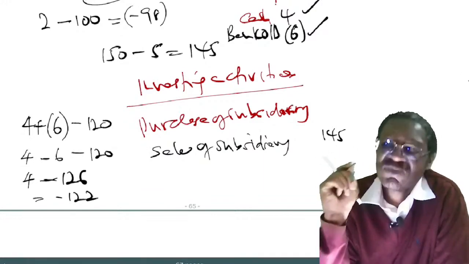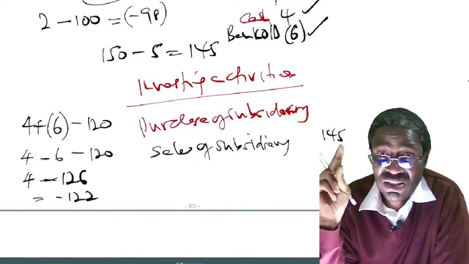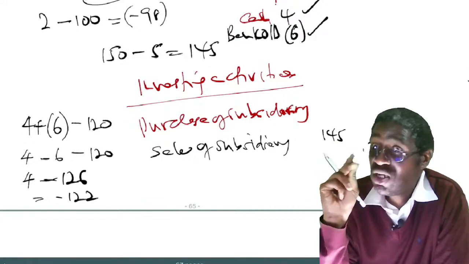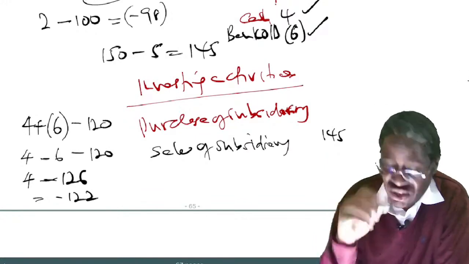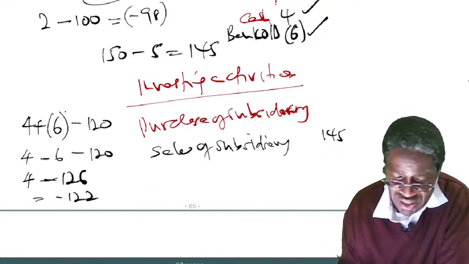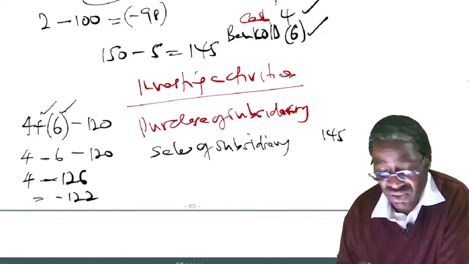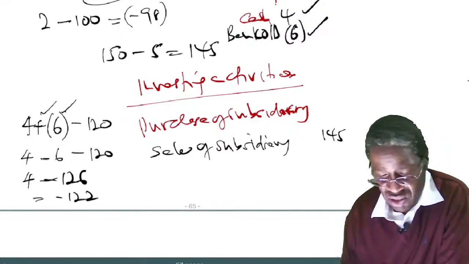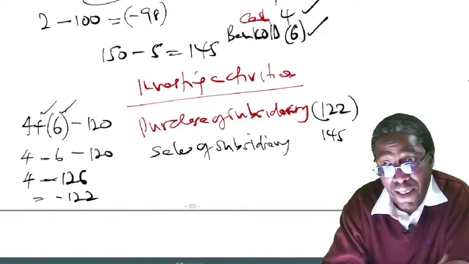Take what came in. This time, 2 things came in. Add them. It's only that one thing that came in is a negative, the overdraft. So I take 4 million, I add the overdraft, but it's a negative, minus what went out. So you will take here negative 122.